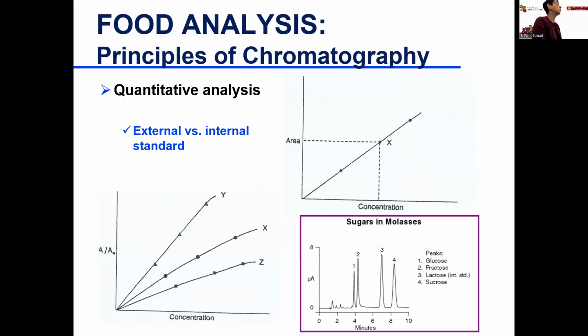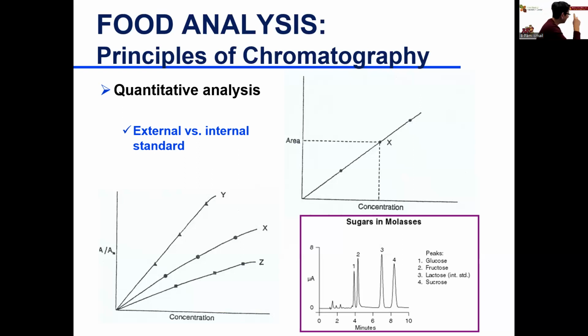It will have a similar response for your detector. If I want to use an internal standard with UV detection, I want to make sure that my internal standard is structurally similar and I can get absorption at the wavelength I'm screening. So 3 things to remember: structurally similar, elutes separately and does not co-elute with any of your compounds, and is within your analysis run time. Those are the 3 characteristics of an internal standard.